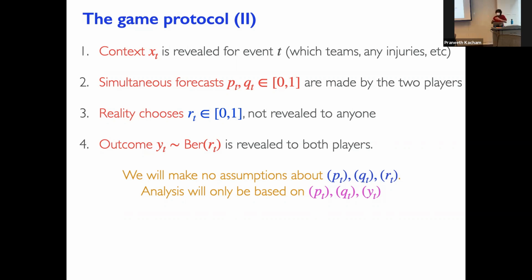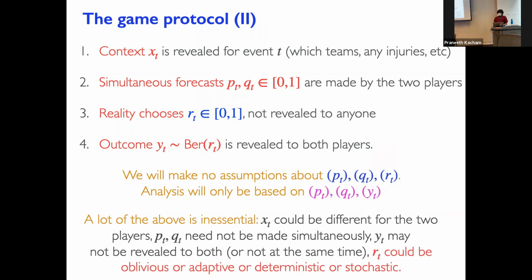We're just going to throw in this player reality, but we're not going to make any assumptions about that sequence. When I put a bracket, I just mean the sequence and not just one. So for the entire sequence of RTs, we're not going to make any assumptions. And the final comparison between the forecasters will only be based on the observables, which are PT, QT, and YT, not RT. There's going to be nothing in the final statements of comparisons that depends in any way on unobservables like RT, and no assumptions will be made on them. So that should be okay.